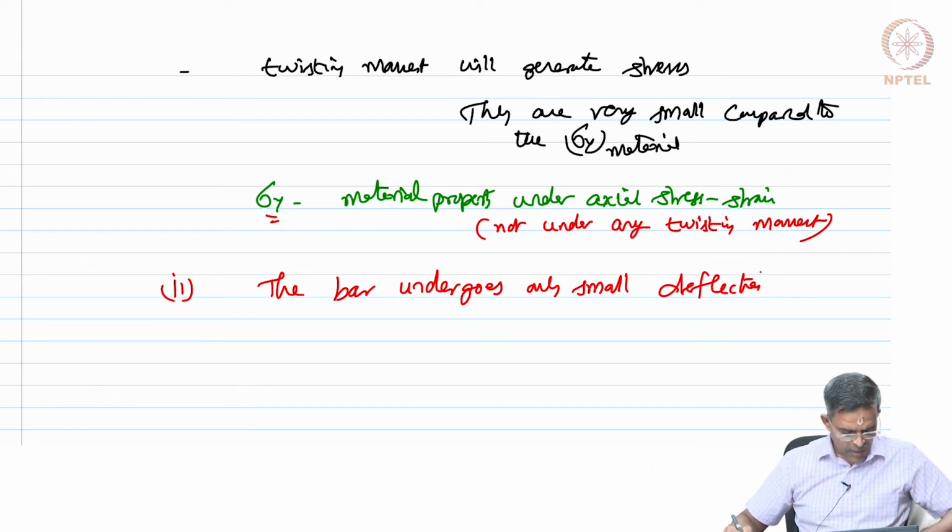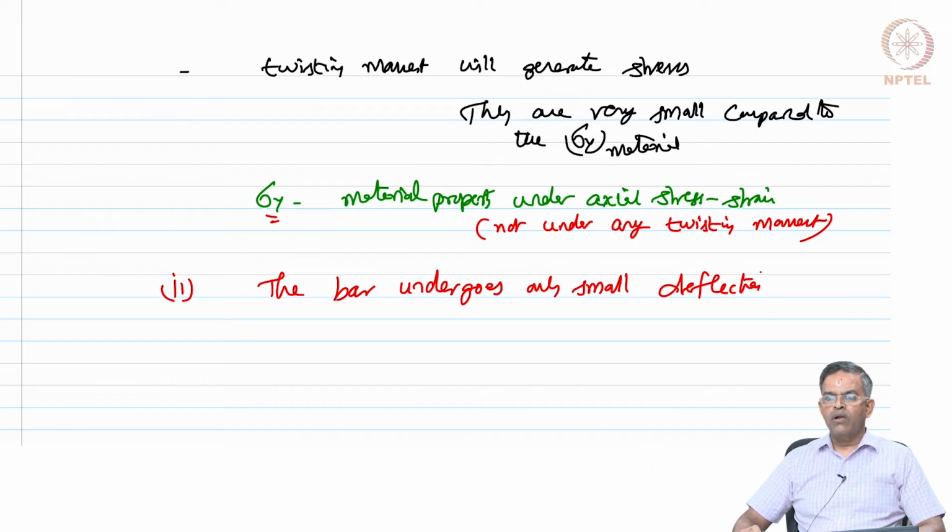It is a cantilever bar, it undergoes small deflection. This is a very important assumption because it conforms to the fact that if large deflection is expected at the cantilever, then the behavior is of a different phenomenon.